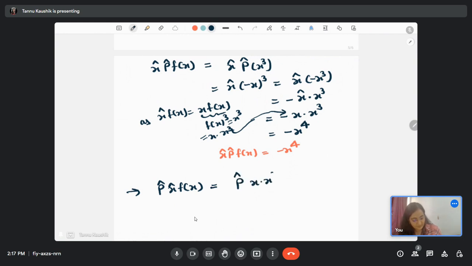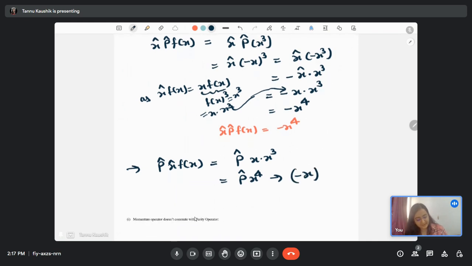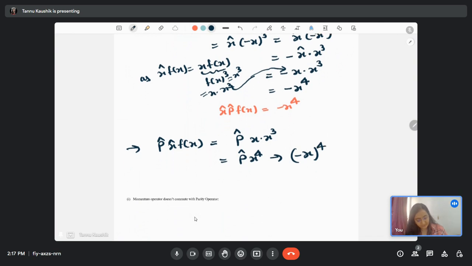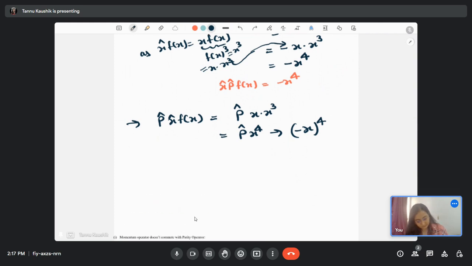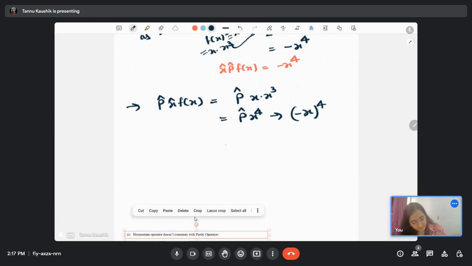Now after exchanging the position of these operators, this is what we get when we first operate the position operator on x cube, and now the parity operator will operate. We will replace x with minus x.